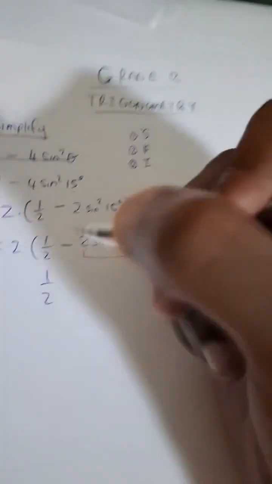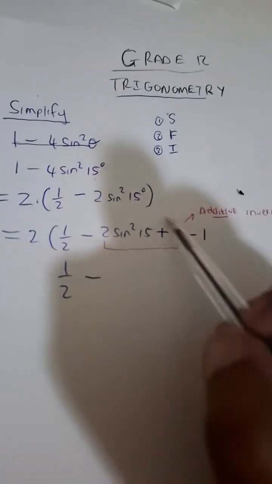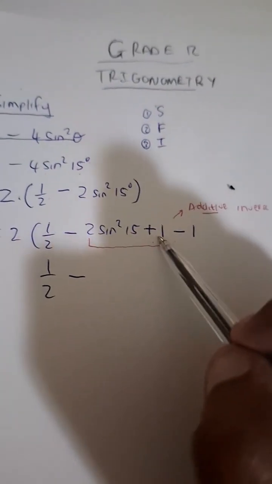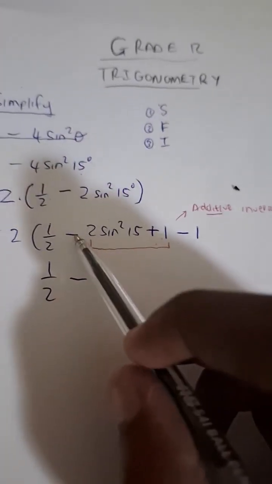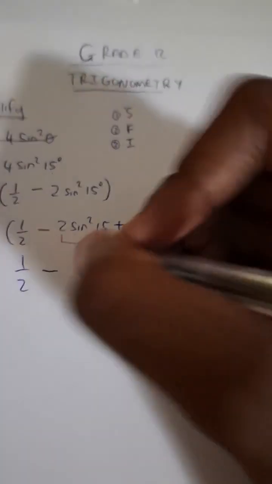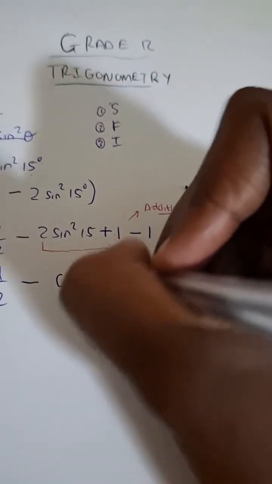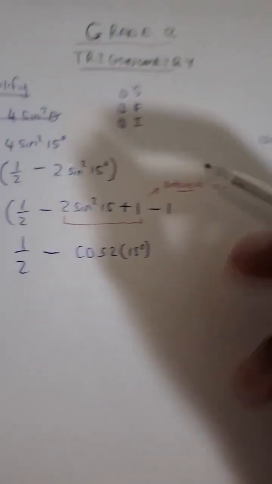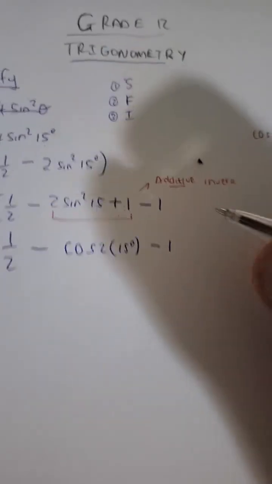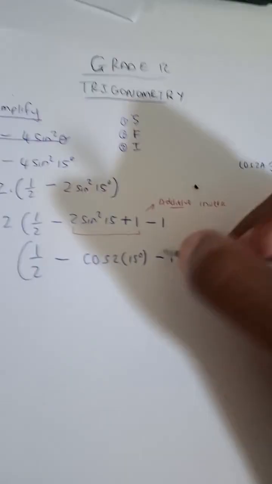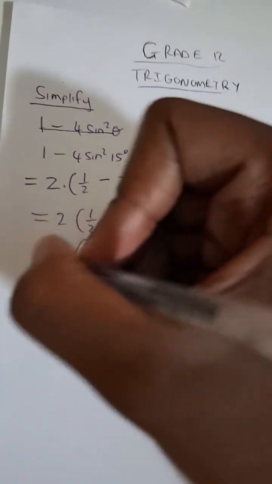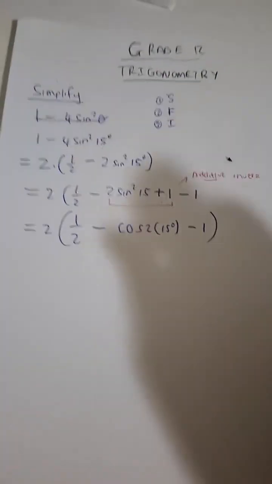So you have half minus here. Okay, this is positive 1, this is minus 2 sine squared 15. This can be written as cos 2 times 15 degrees. And remember this negative 1, it is still there, didn't go anywhere. I put the bracket around, and the 2 outside hasn't gone anywhere.